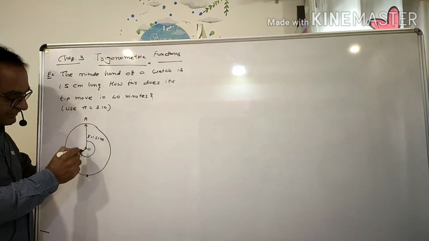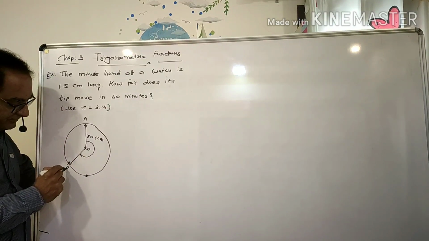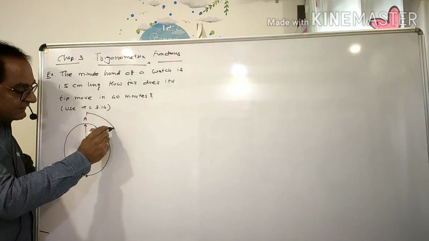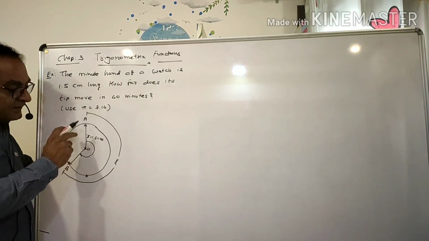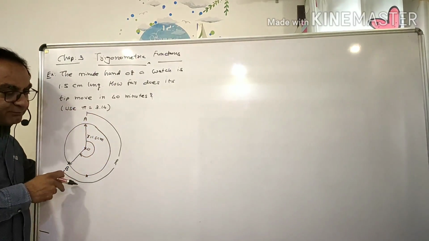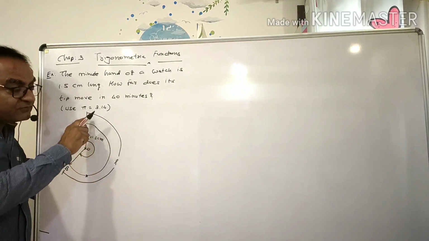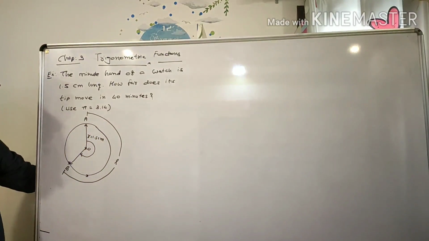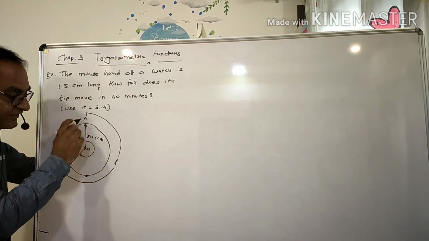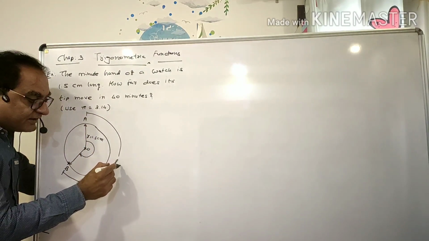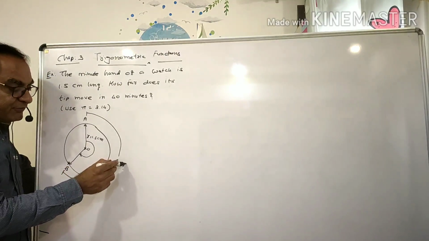That means if it is OA and the final position is B, then they have asked how far the tip moves. That means they have asked this arc length. Now, we want to find this arc length. That means we want to find L.